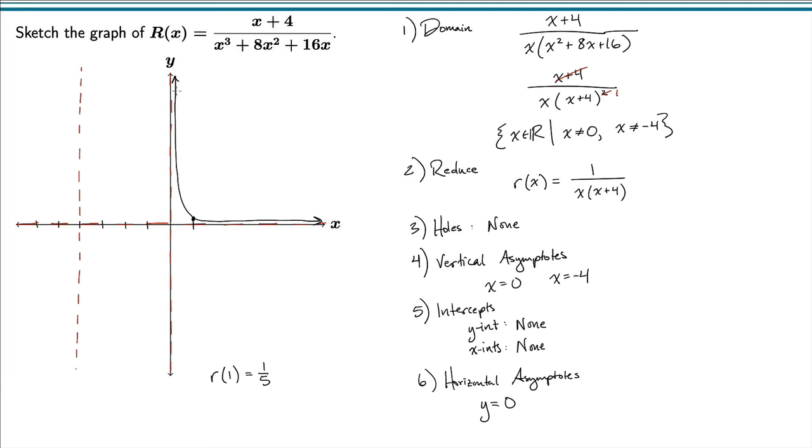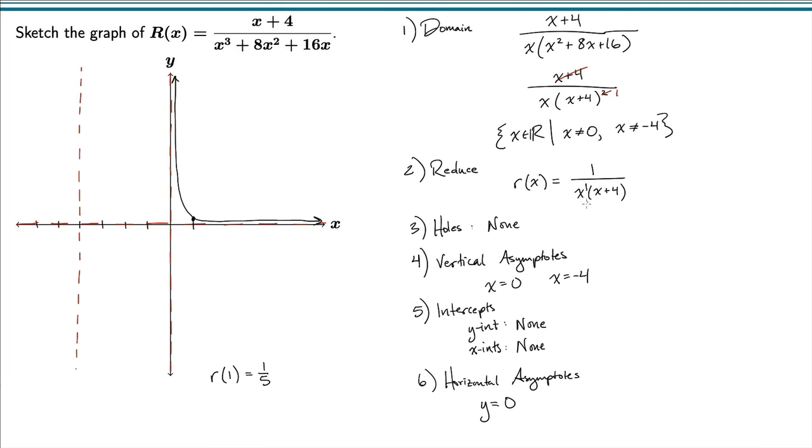Now we know the behavior of a function around the vertical asymptote by looking at the exponent on the factor that gave us that vertical asymptote. Okay? If it's even, it does the same thing on both sides. If it's odd, it does different things on both sides. So x equals 0 came from this factor right here, x.